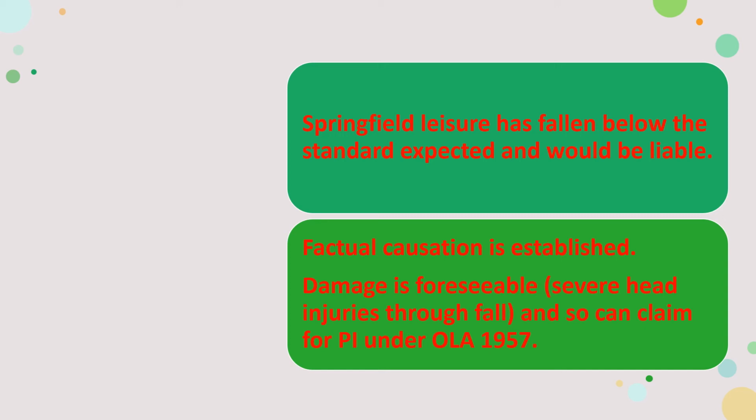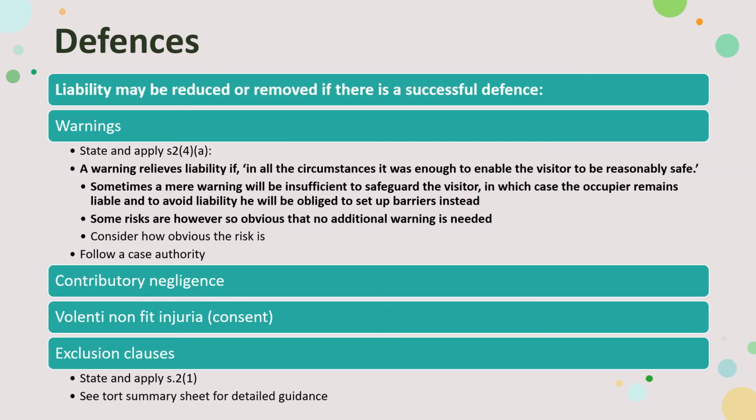And again, the damage is foreseeable. If somebody walks upstairs which are unlit and without safety, then some harm is foreseeable. And if some harm is foreseeable, you are liable for the likely extent or full extent. So in this case, Homer could claim for personal injury under the Occupiers Liability Act of 1957.